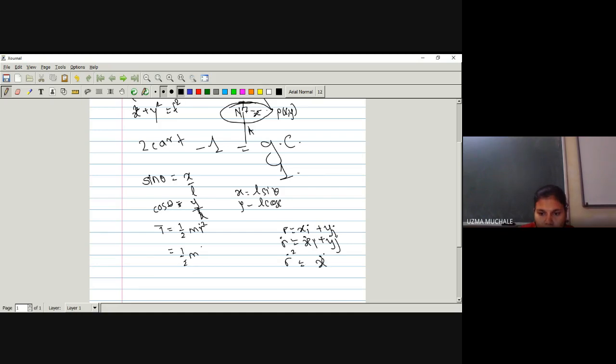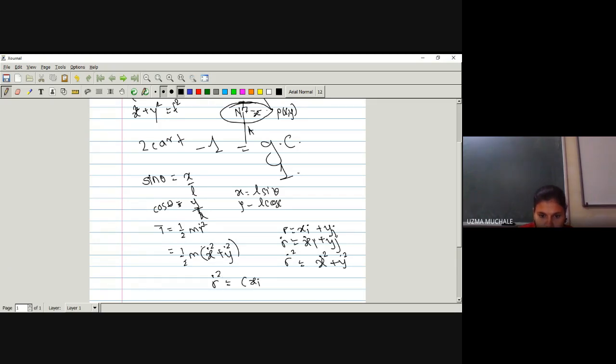I hope you remember, just now we have done x dot square plus y dot square. You have to do the multiplication of these two. I dot i will be 1, so x dot square. I dot j will be 0, j dot i will be again 0, j dot j is 1, so the coefficient is y dot square. Okay, so here can I write directly x dot square plus y dot square, or should I evaluate once again what r dot square is?